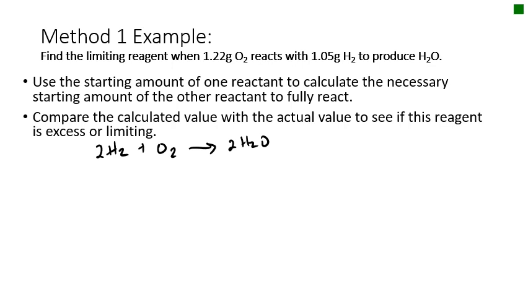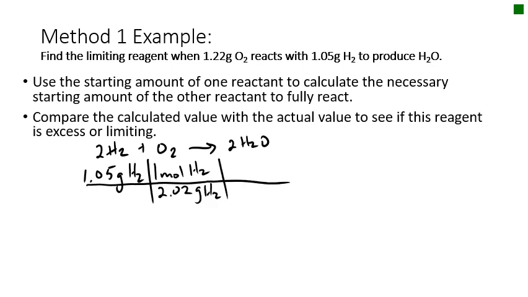So I'm going to start by converting my grams of hydrogen into grams of oxygen. So I would take the 1.05 grams of the H2, and I'm going to start by dividing by its molar mass, which for hydrogen is 2.02. And then next I will do my mole ratio. So I would have 2 moles of hydrogen for every 1 mole of oxygen.